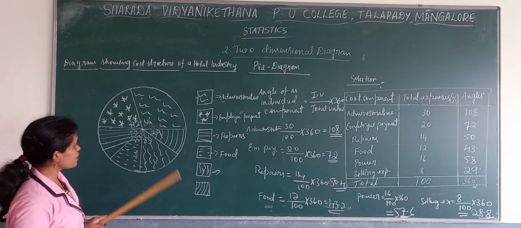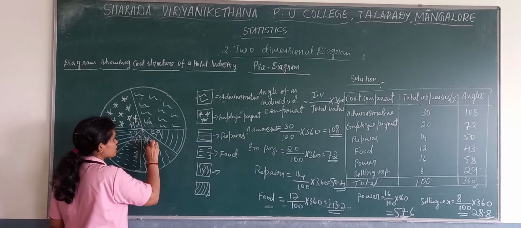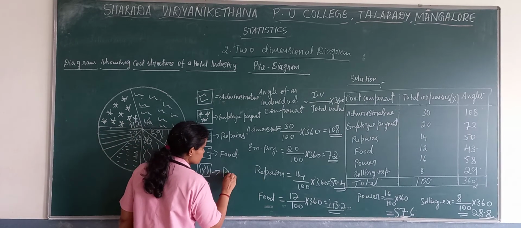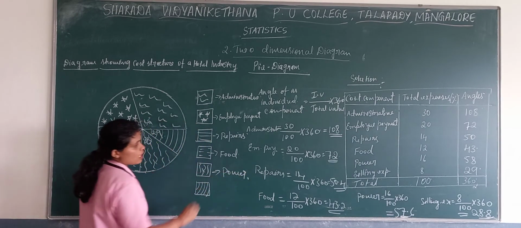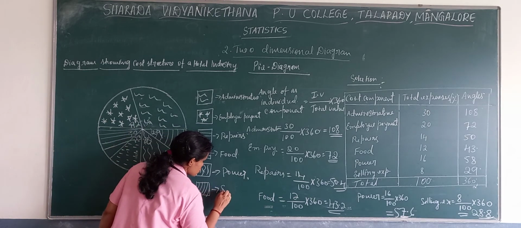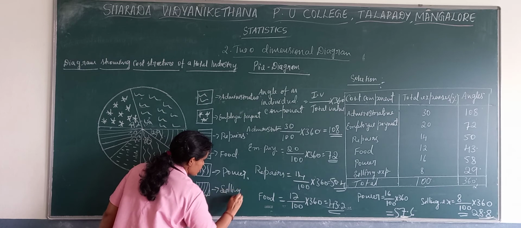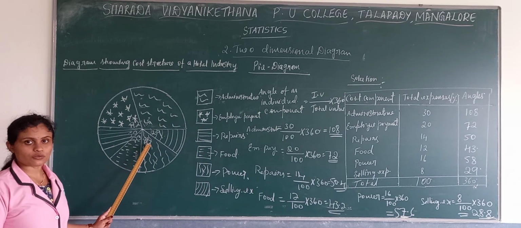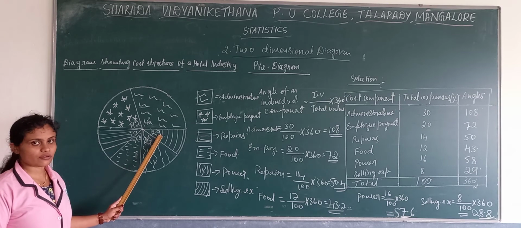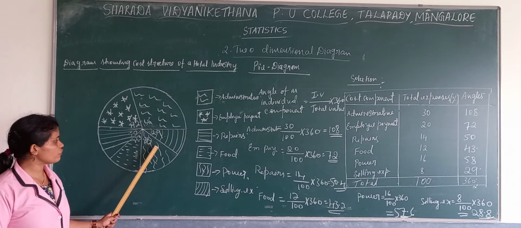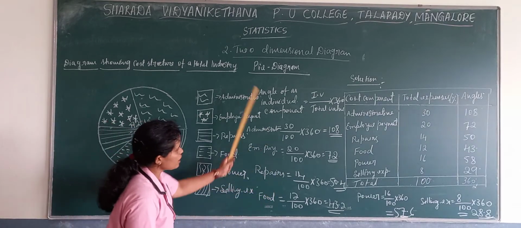Sorry, we represented here 53. Sorry, it is 58. Okay, 58. That is power. And selling expenses as the last one, 29. It is not 53, it is 58. We got slight changes, so it is proper now, 58 and 29.